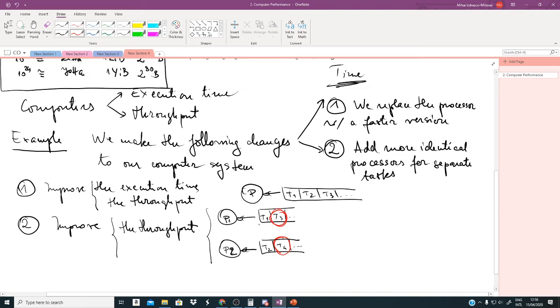So I want to execute T3 from the very beginning, but I cannot because the processor is occupied with T1. So the actual execution time of T3 is T1 plus T3, right? That's the execution time for T3. And it goes by the same logic in the case of T4 as well, and for the other T's that are to follow. So it is not obvious, but the execution time also improves.